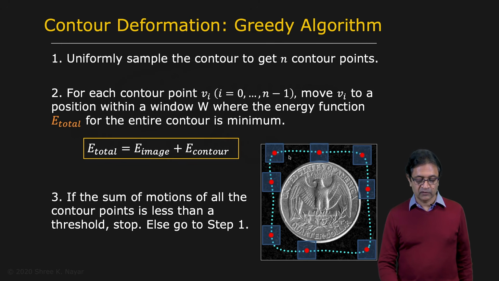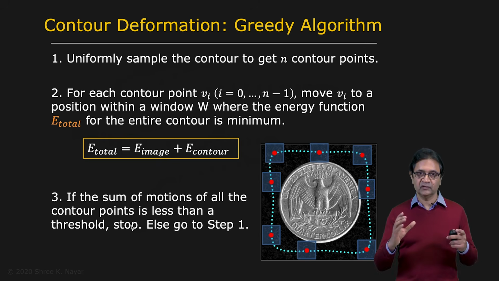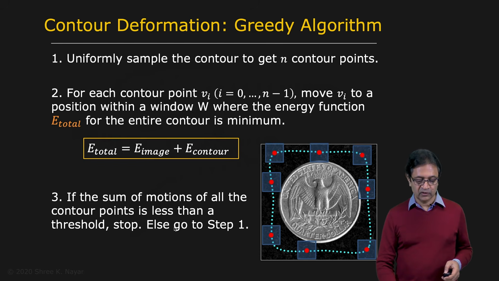We repeat it for all the control points, and that gives us the new location of the contour. Then we check whether the motion of the contour points is large enough to continue. If it is really small, we stop right there. If it is continuing to move, that is, there is enough change in the contour itself, you go back to step 1.